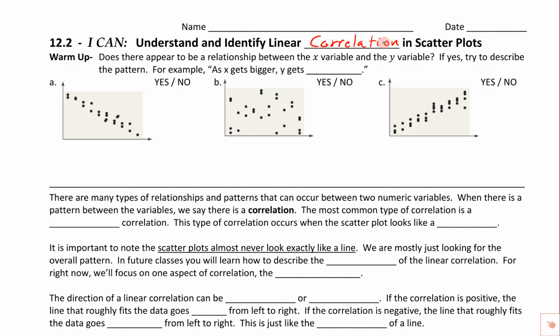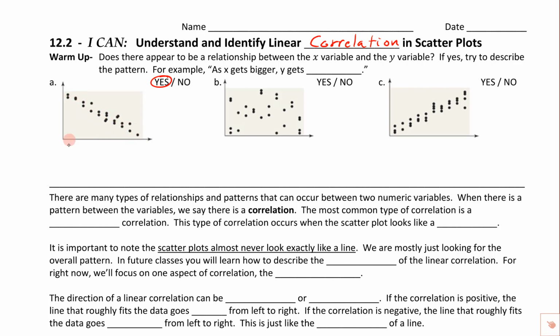And here's the warm-up. It says, does there appear to be a relationship between the x variable and the y variable? If yes, try to describe the pattern, for example, as x gets bigger, y gets either bigger or smaller. So let's take a look at this. This one definitely has a pattern, so I'm going to circle the yes right here. And if you'll notice, as x gets bigger, so as we go further to the right, the y's get smaller and smaller and smaller.